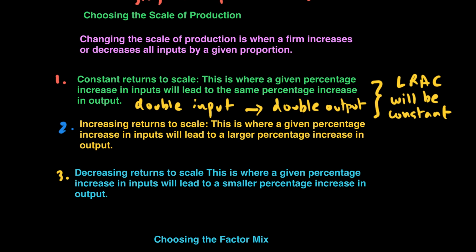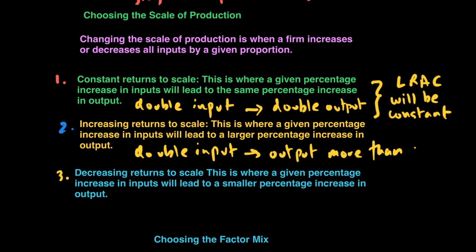On the other hand, increasing returns to scale is where a given percentage increase in input leads to a larger percentage increase in output, which means that if you double input, output more than doubles. And if output more than doubles, that basically means that LRAC falls.